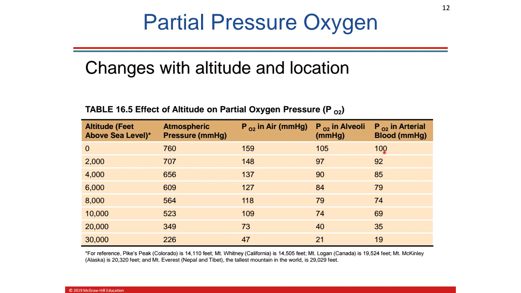And then the partial pressure in the arterial blood, this is blood that would be measured, say, in the aorta or another major artery, is about 100 millimeters of mercury. Now, keep in mind that this arterial pressure is the same as the pressure of the pulmonary veins. And this is because the blood comes back from the pulmonary circuit. It goes into the left atrium, then into the left ventricle, and right out into the aorta and the major arteries.